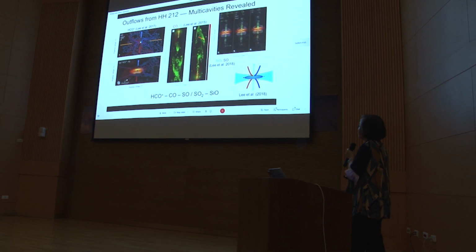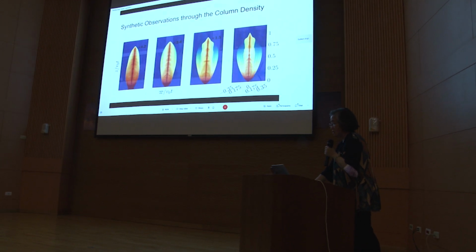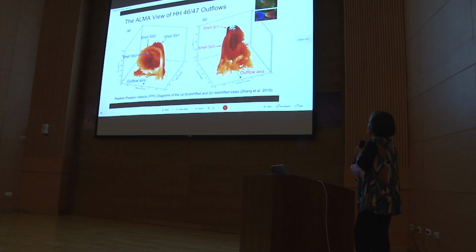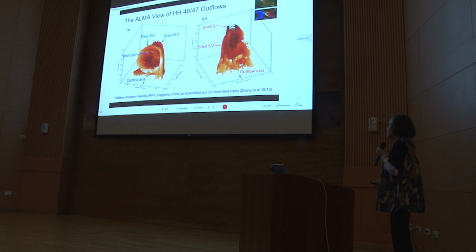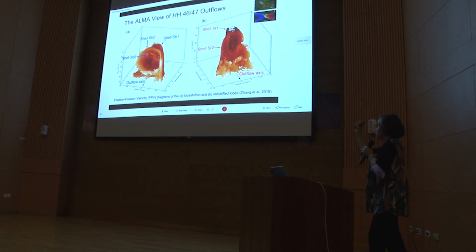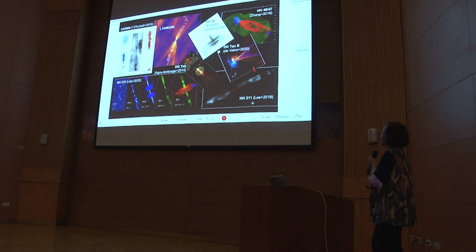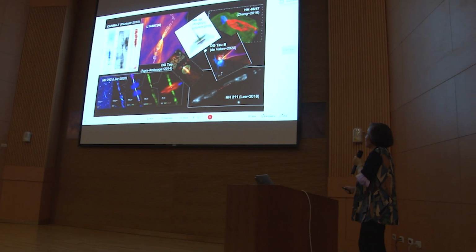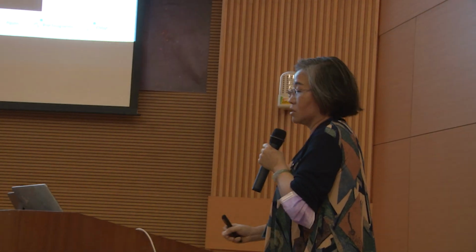So we see the nested structure around HH212, and especially this will form with the HH46/47 outflow, which is really shown to be nested, and we can actually recover that the jet is embedded inside the shell and the structure. Then what's going on?